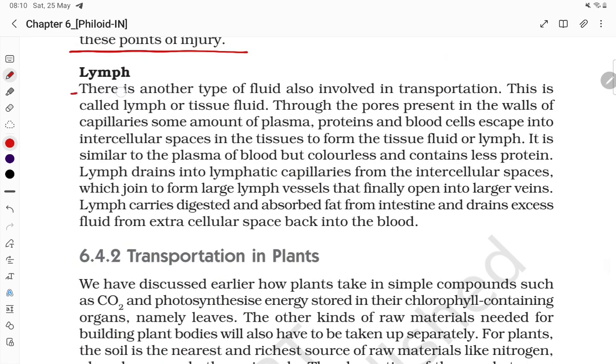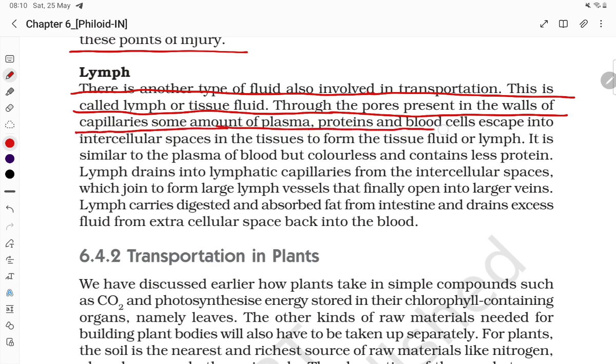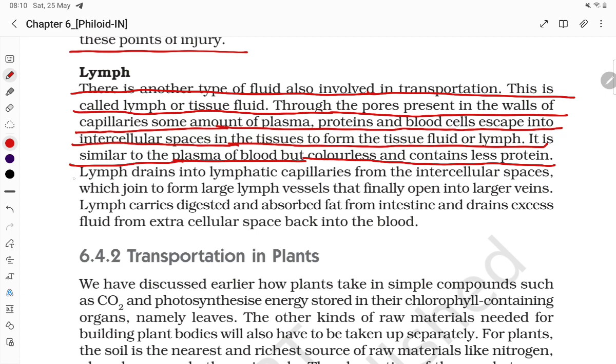Lymph. There is another type of fluid also involved in transportation. This is called lymph or tissue fluid. Through the pores present in the walls of the capillaries, some amount of plasma, protein and blood cells escape into intercellular spaces in the tissue to form the tissue fluid or lymph. It is similar to the plasma of the blood but colorless and contains less protein.